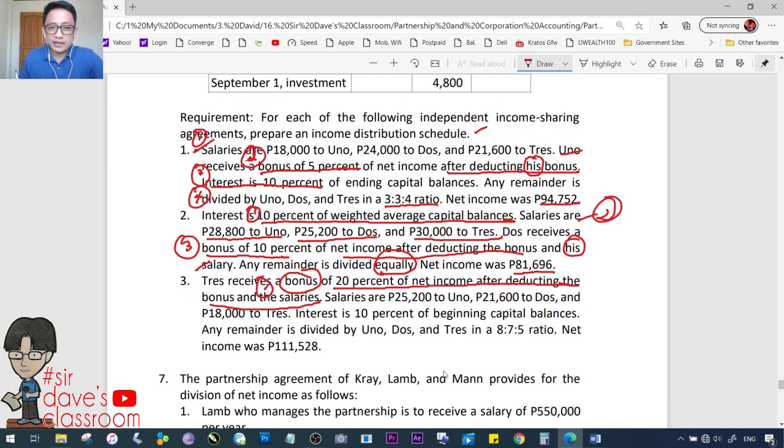Number 1, salaries are 25,200 to 1, 21,600 to 2, and 18,000 to 3. Number 2, interest of 10% of beginning capital balances. The remainder is divided by 1, 2, 3 in an 8:7:5 ratio. This time, the income is 111,528 pesos.